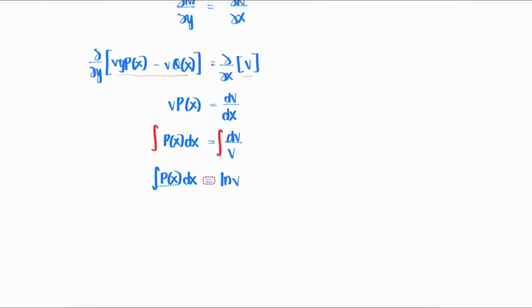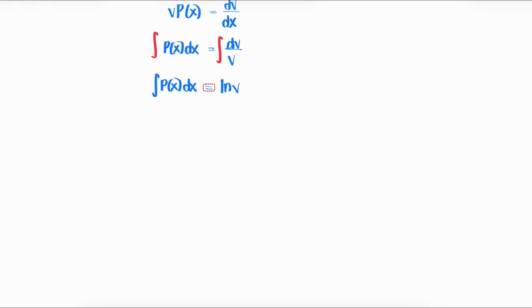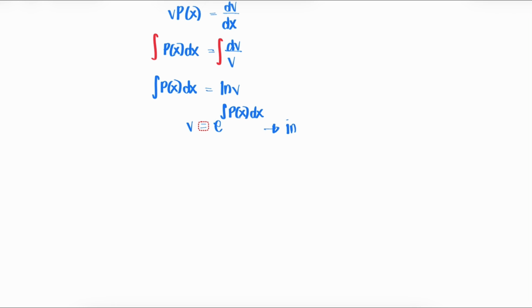And remember that when you have ln of v, that's just like log of v with base e, right? So therefore, v is equal to e to the integral of p of x dx. So this one right here is already our integrating factor. That's our integrating factor.